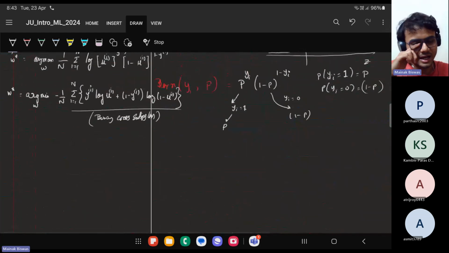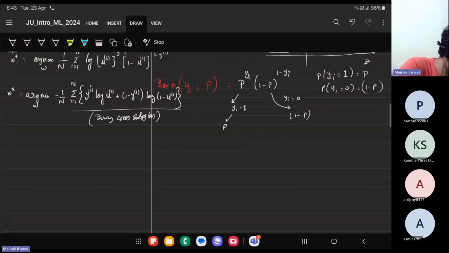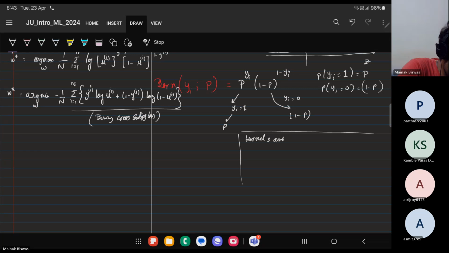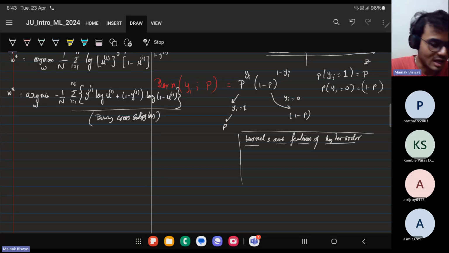Now, just a side note: kernels and features of higher order. So linear models you can use. I told you last day, if you're not following, don't follow.